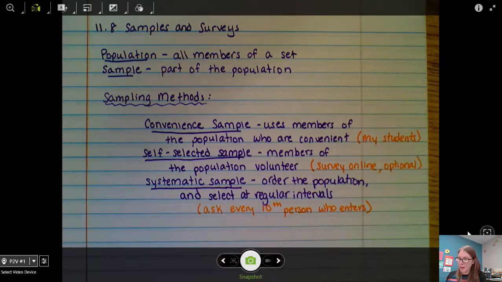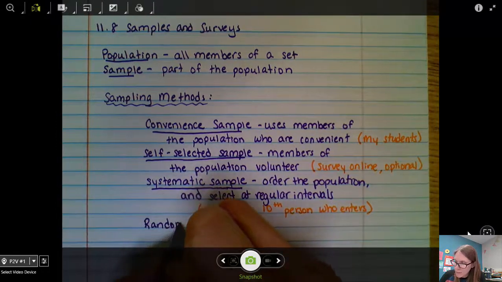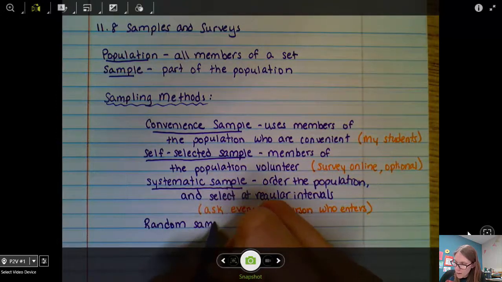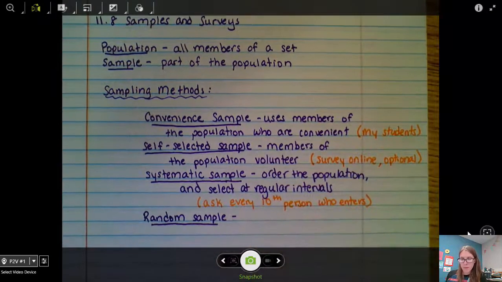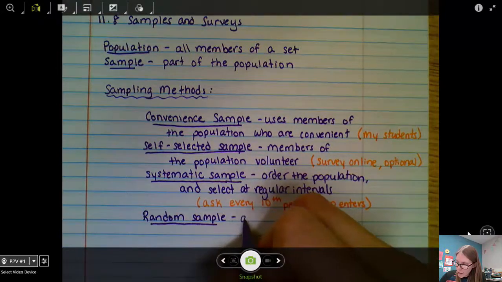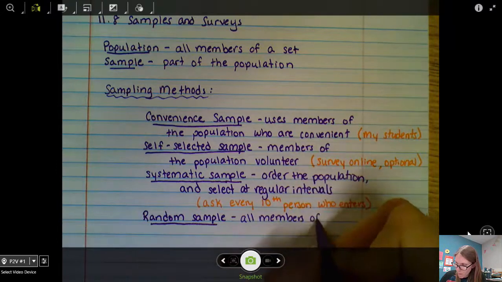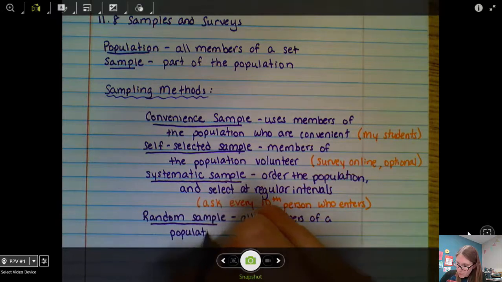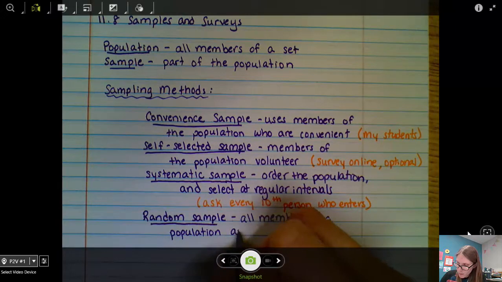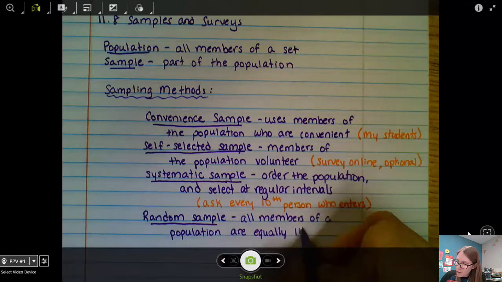And then our last option for a sampling method is a random sample. In a random sample, all members of the population are equally likely to be chosen.